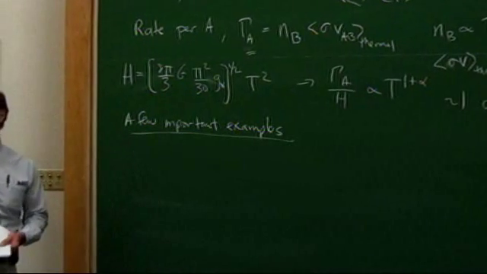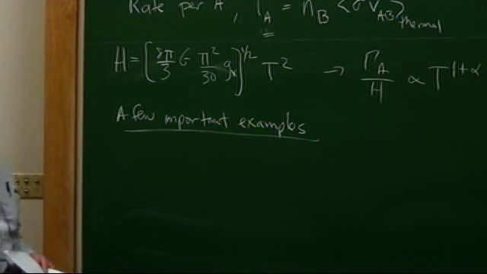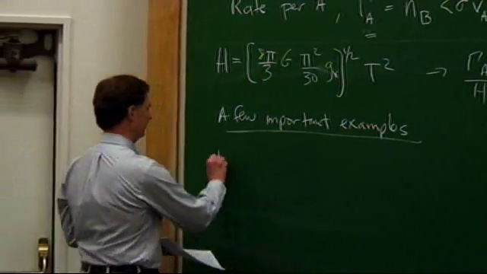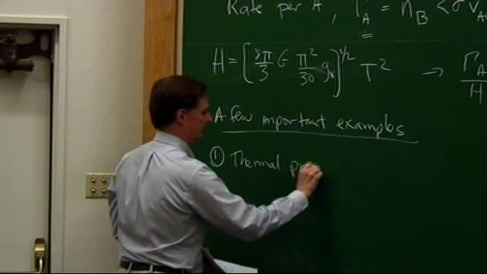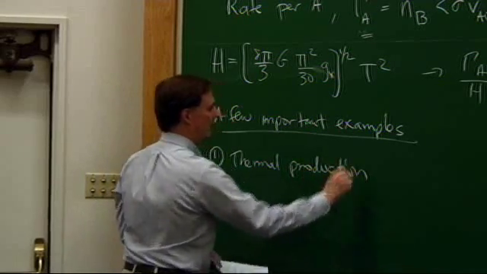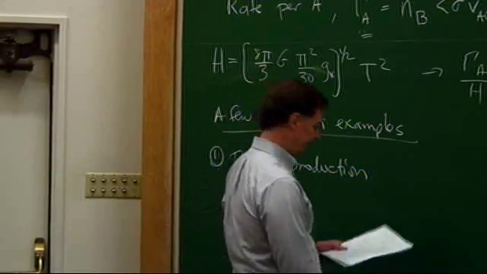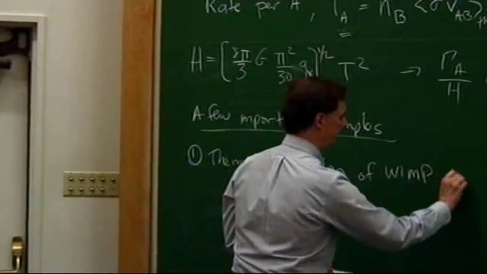I won't have time to do all of the relevant examples in the early universe, but I will outline a few that show the idea, and then I'll summarize for some others. One very important example, but speculative, is the thermal production of WIMP dark matter.